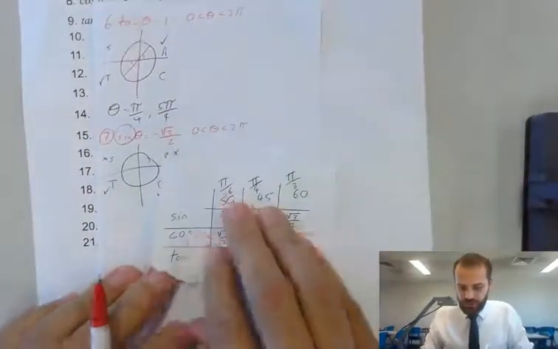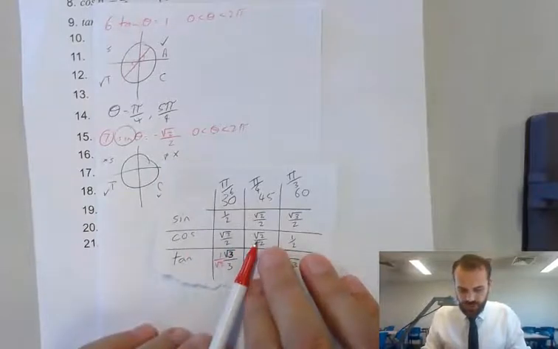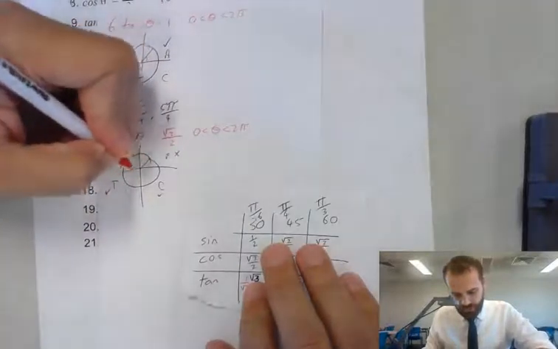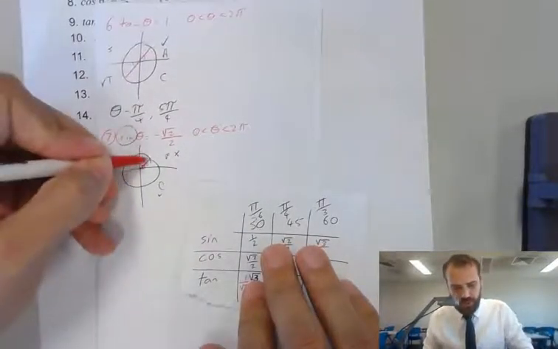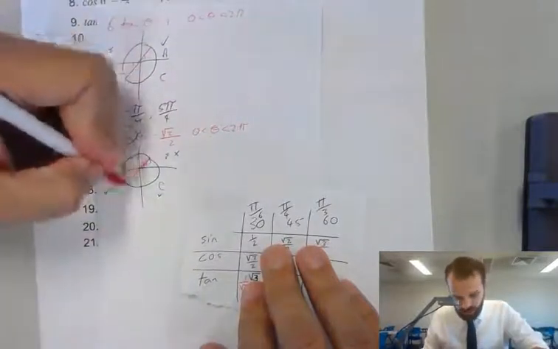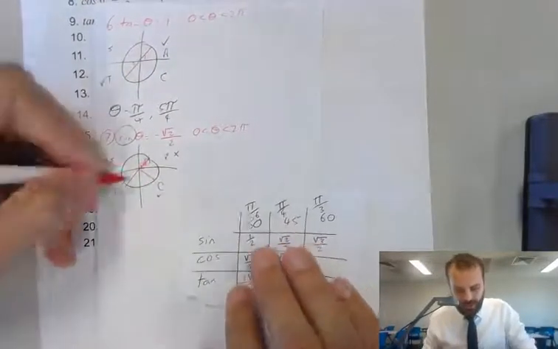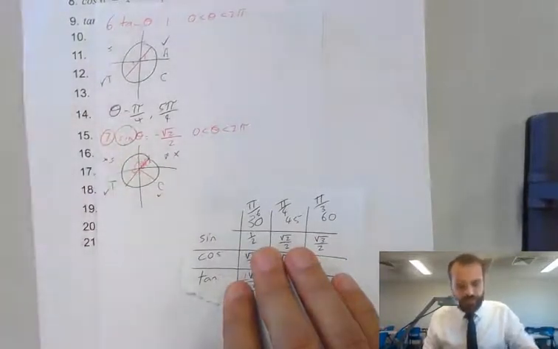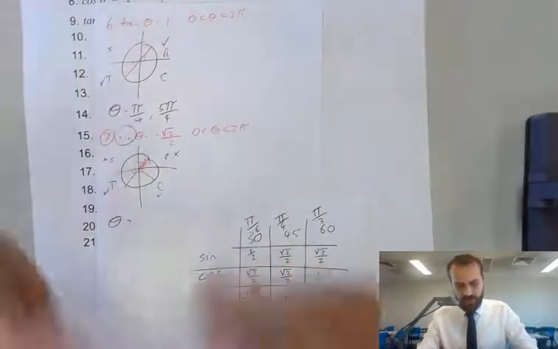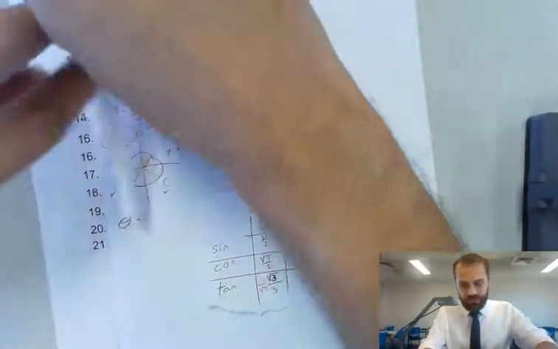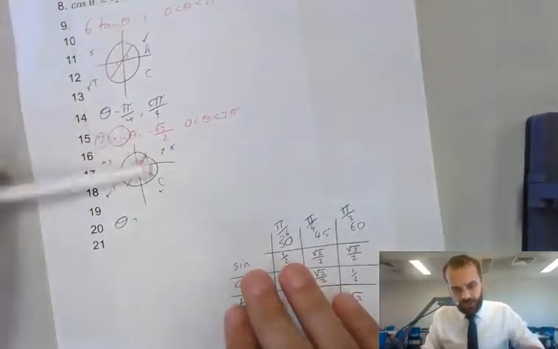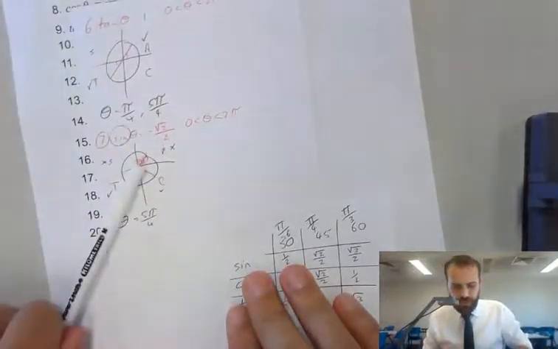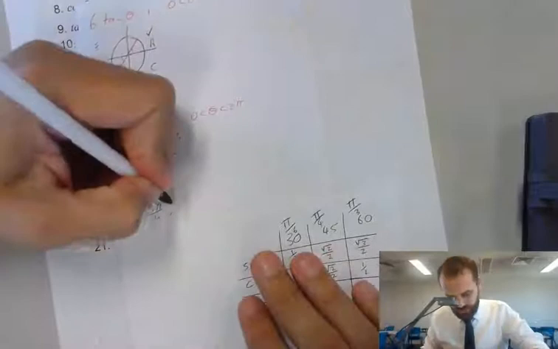Now, bringing a little piece of paper over, sine root 2 on 2, that's going to be pi on 4, and it's going to be in this quadrant and this quadrant. So it's going to be this angle, and it's going to be this angle. So, 5 pi on 4, 6 pi on 4, 7 pi on 4.